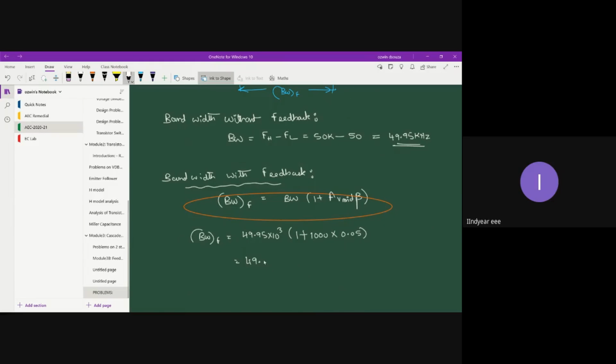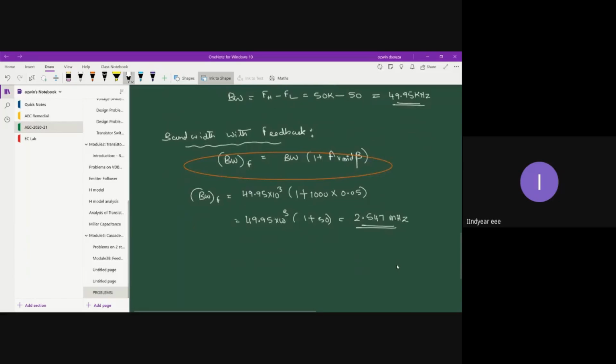So that is 49.95 kilohertz into 1 plus 1000 into 0.05, that's 51. When you multiply, you will get 2.547 megahertz. So that's the bandwidth.